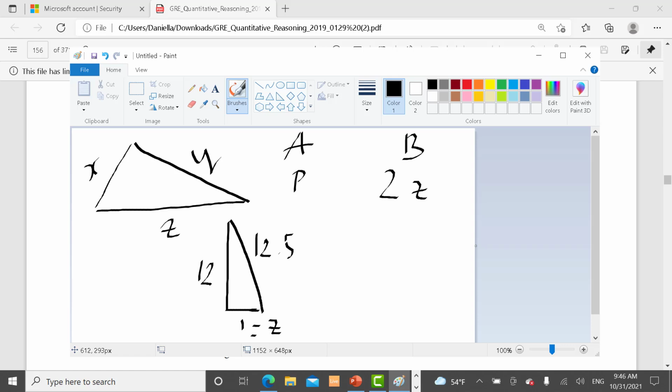So from this one, you see that the perimeter is for sure greater than 2. So in this example, A is greater than B, right? A is greater. Make sure that the triangle exists.